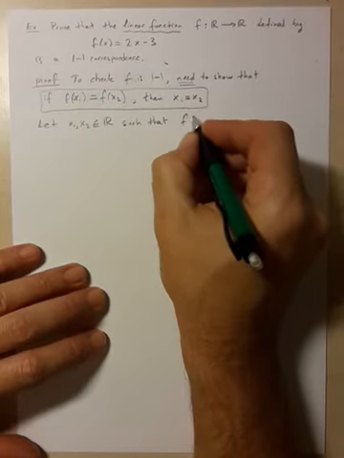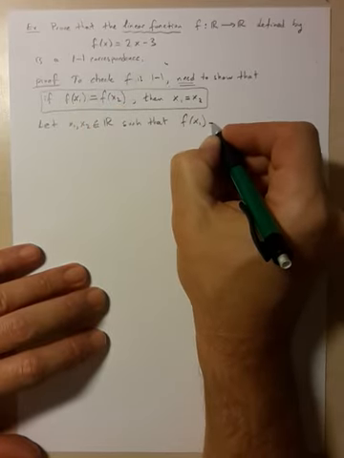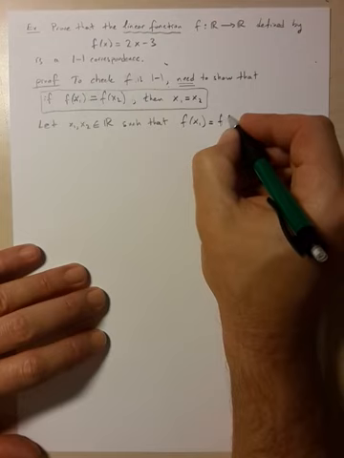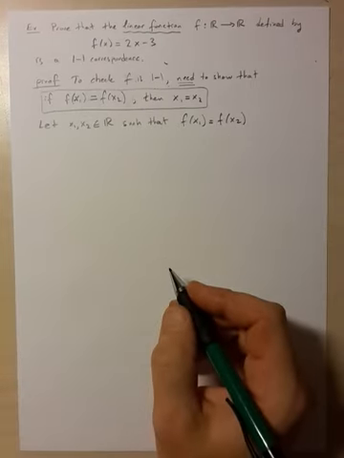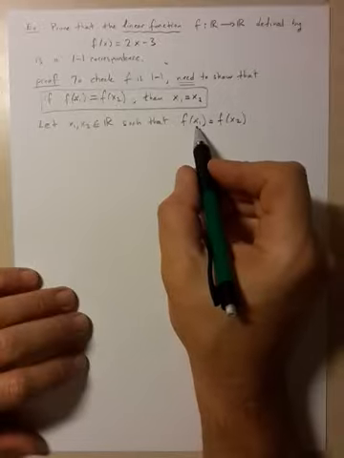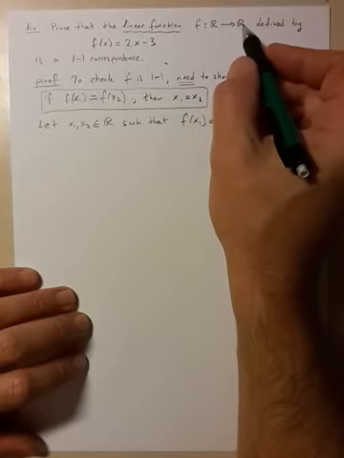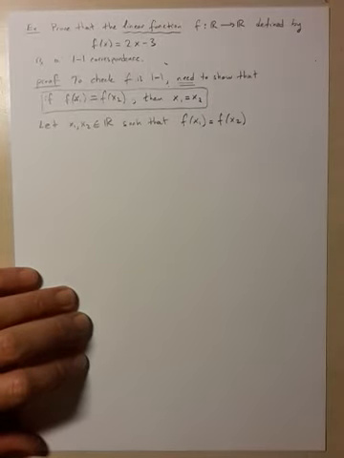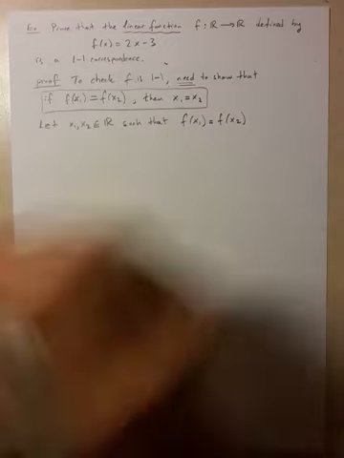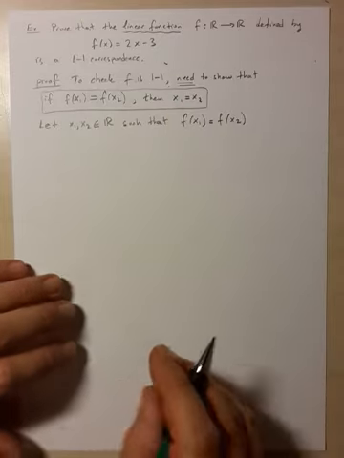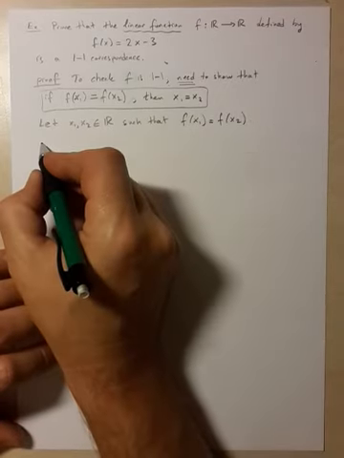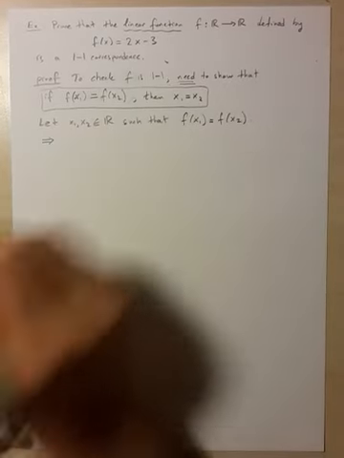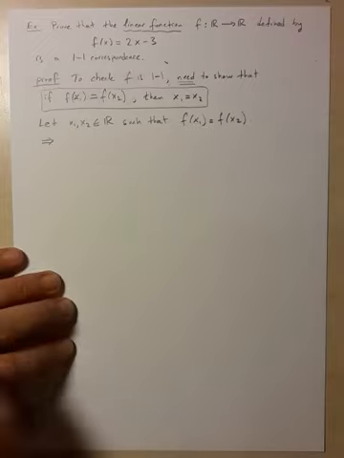In other words, they have the same image values, right? They have the same images. In other words, f sends them to the same real number in the codomain space, which is another copy of the real numbers. So this means, okay, let me use this symbol. This is very useful, right?